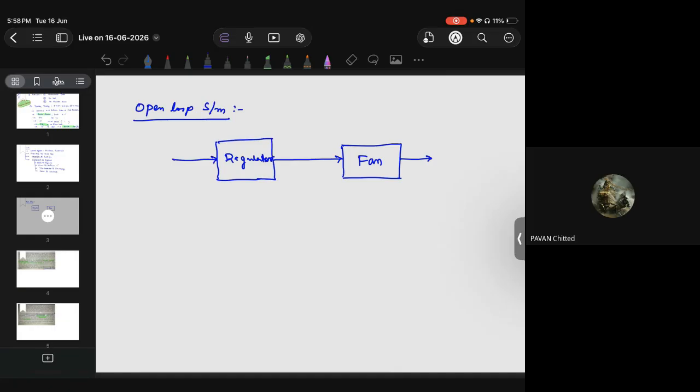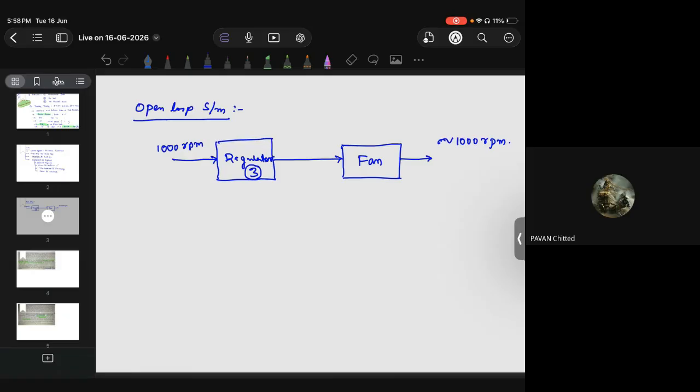Let us say you want to run the fan at around 1000 rpm. In the regulator, you change the position to, let's say, position 3. We expect that the fan will rotate at approximately 1000 rpm if there are no discrepancies in the fan. We move the regulator to position 3 and expect approximately 1000 rpm, but we don't see whether the fan is exactly running at 1000.